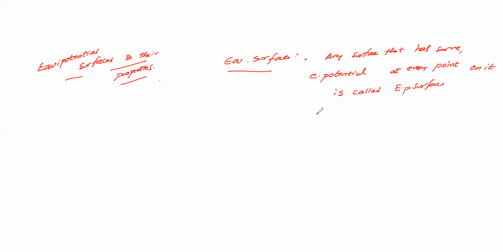Remember it, I'll read again. Any surface that has the same electric potential at every point on it is called an equipotential surface.